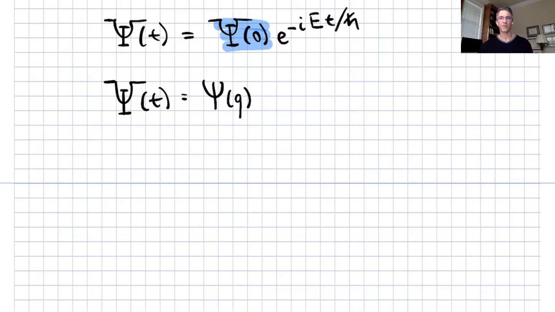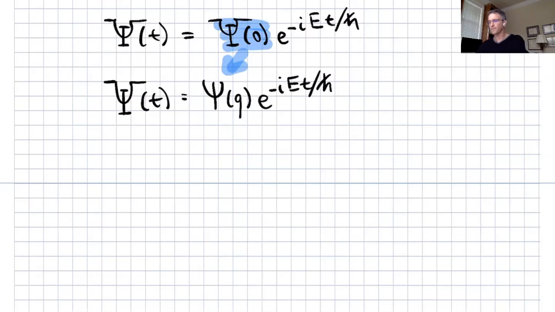It's not a function of time, which then generally gets rewritten this way, where we shift to a lowercase psi, and the wave function is only a function of the positional coordinates of the system. The time dependence is now all in this exponential part, right?